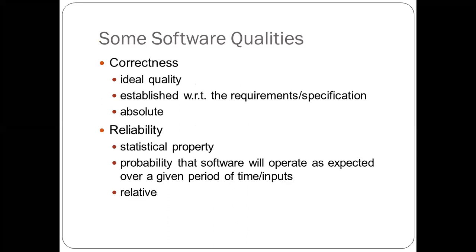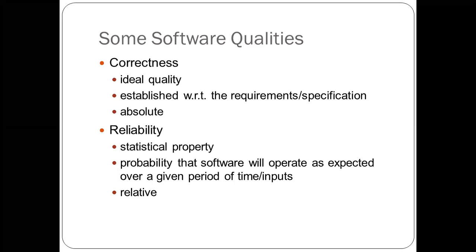Some other software qualities, that is the correctness, which we have already discussed. Correctness will depend on the ideal quality, and the ideal quality means that we will use some sort of optimization techniques here so that we can maintain the quality.